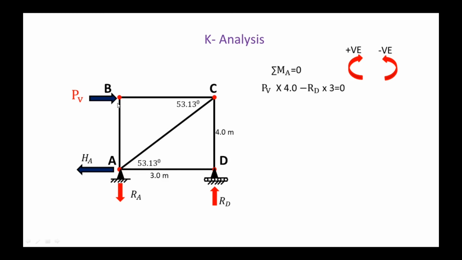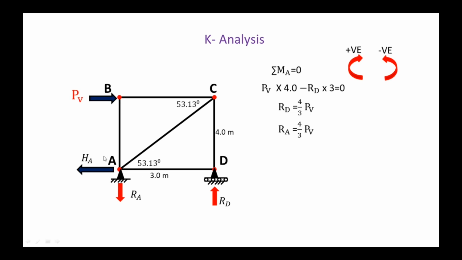PV into 4 is clockwise, so plus, then minus, because this is anti-clockwise, RD into 3. So we got the value of RD is equal to 4 by 3 PV. If you apply sigma Fy condition, because there is no vertical force, RD is upward, so RA should be downward. So RA is equal to 4 by 3 into PV.